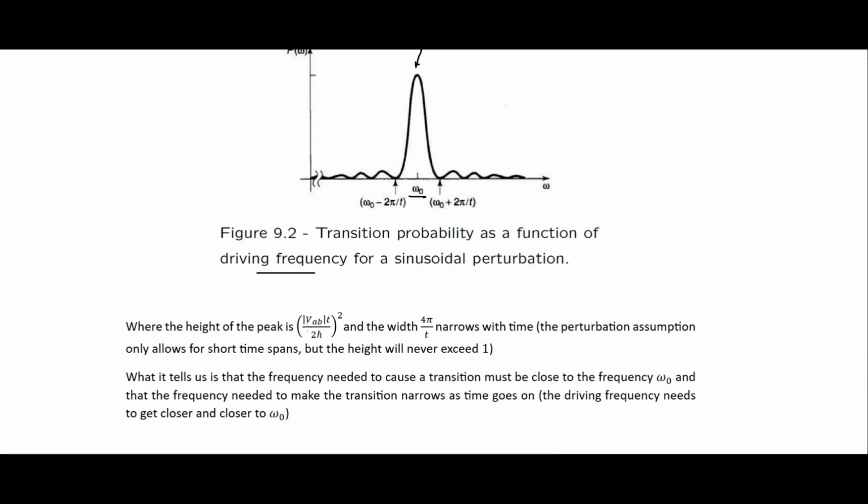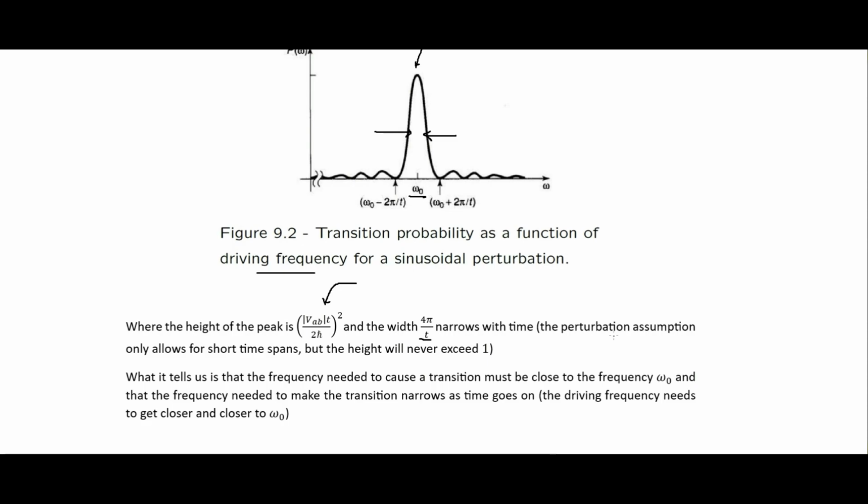And so the peak height is this potential term times t over 2 h bar squared. So the width of it is 4 pi over t. And so we see that this depends on t, and so that will narrow with time. So this will sort of keep narrowing inward as time goes on.